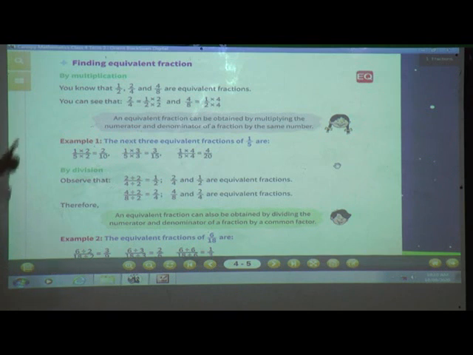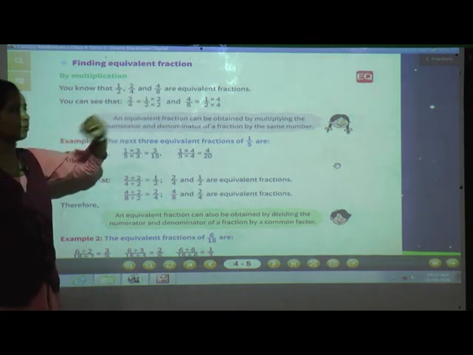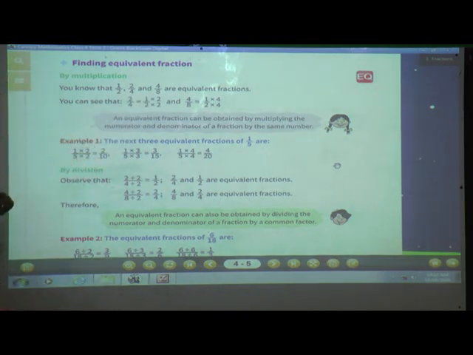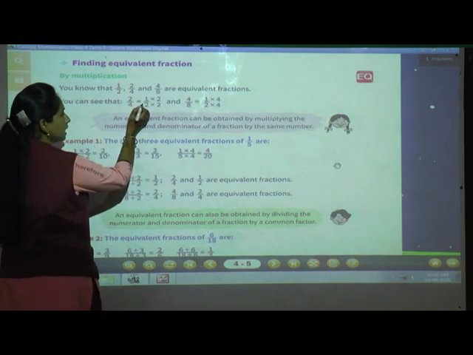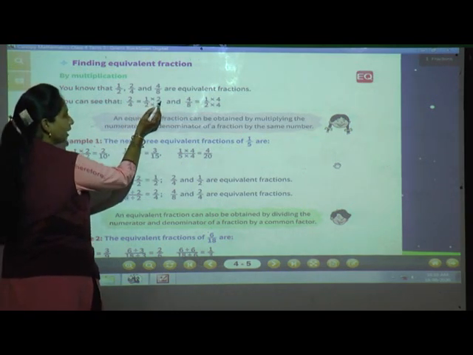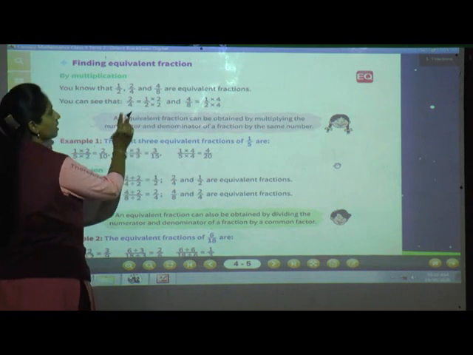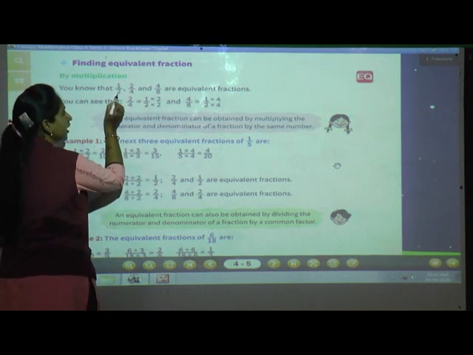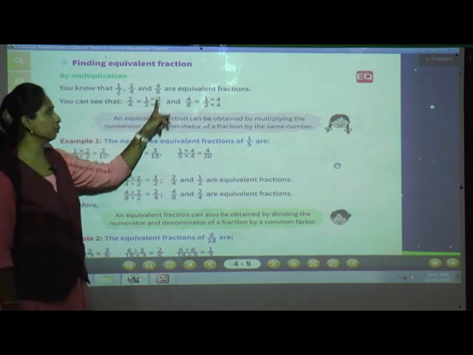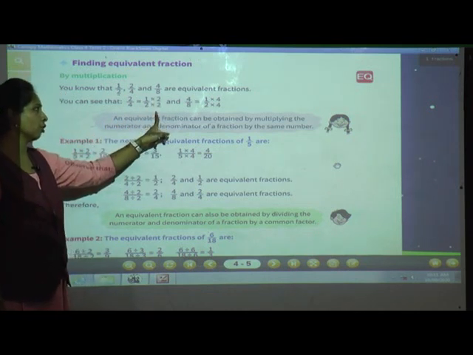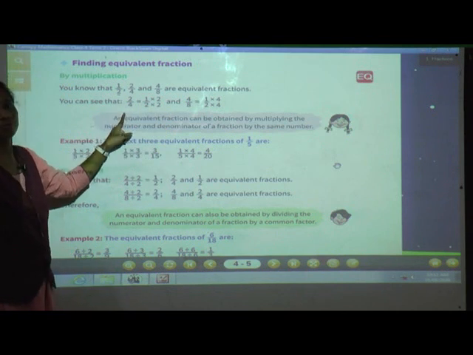Now you know that 1 by 2, 2 by 4 and 4 by 8 are equivalent fractions we have studied through the activity. Now you can see exactly what that is. 2 by 4 is equal to 1 by 2 times 2 by 2. We take 1 by 2, and when we multiply the numerator and denominator by 2, we get 2 by 4.